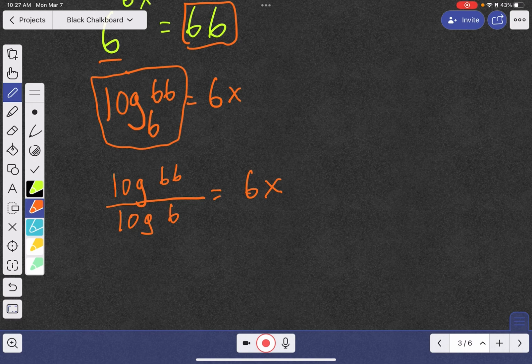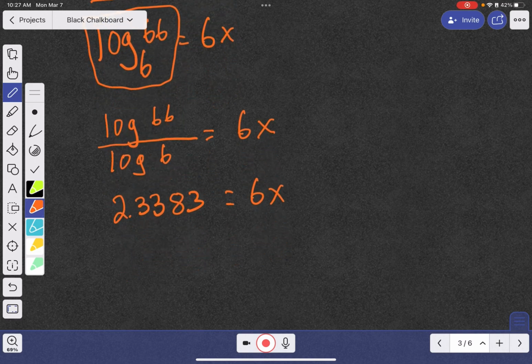So you go into your calculator, log of 66 divided by log of 6, and then you get 2.3383 is equal to 6x. I'm rounding it, but I'm not punching clear on my calculator. I'm leaving that in my calculator so I can just do the next step to solve for x, which would be to divide by 6.